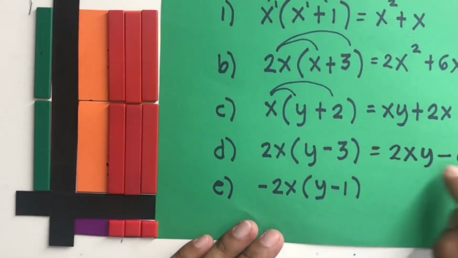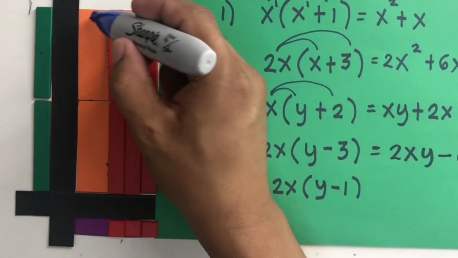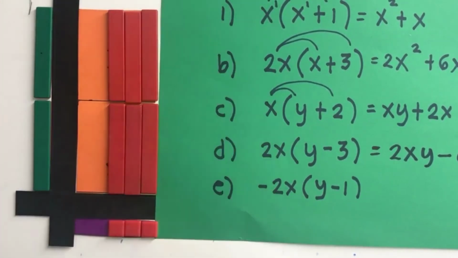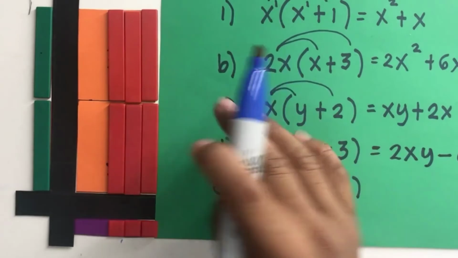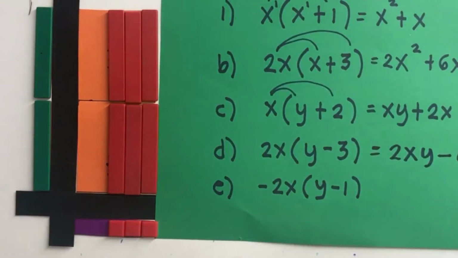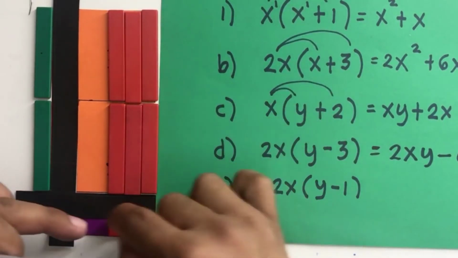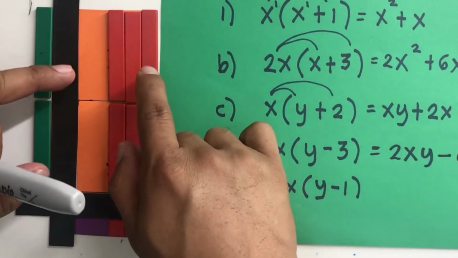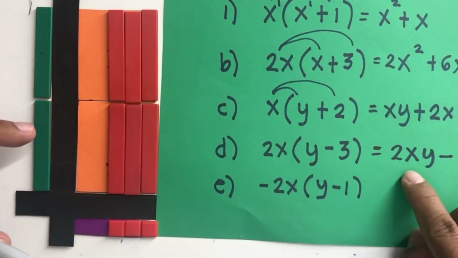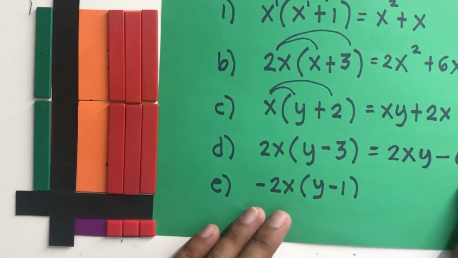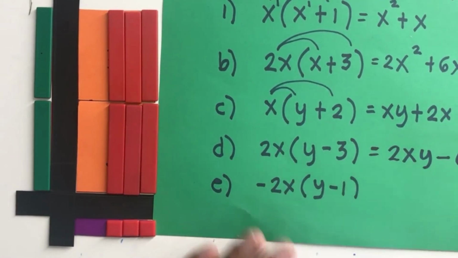And this 2xy minus 6x is this area represented by the visible orange area. The red part are those parts that are already cut away and removed. But to represent the answer, we start with something that's whole. We have xy and xy, 2 xy's, and then we cut parts represented by 6x, and that's the area.